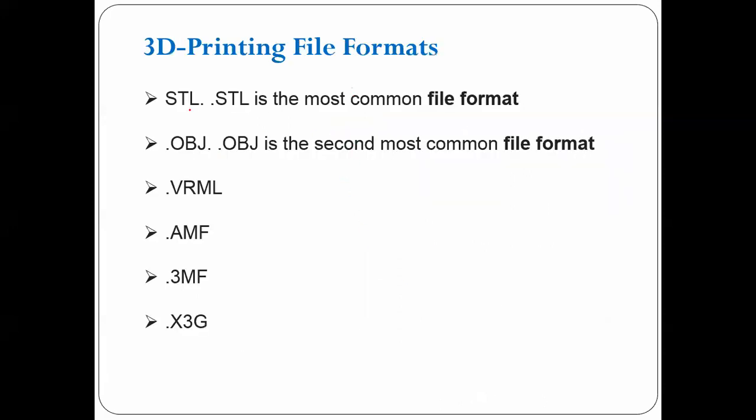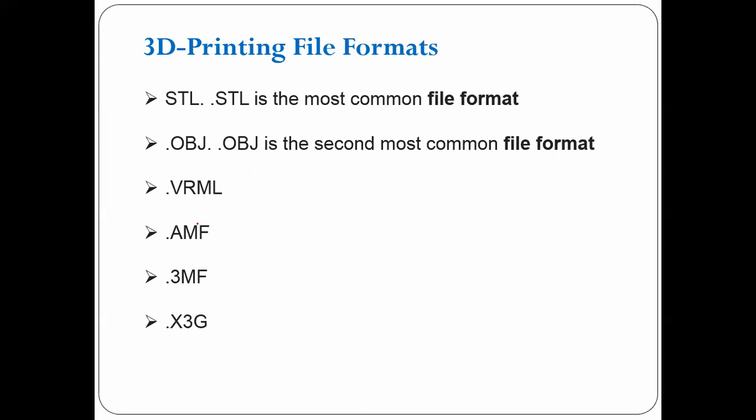Nowadays we use the STL file mostly. The most common file format is STL, and the second most common is .obj. In the STL file, we can't save multiple colors or multiple materials, so many file formats came into 3D printing technologies.